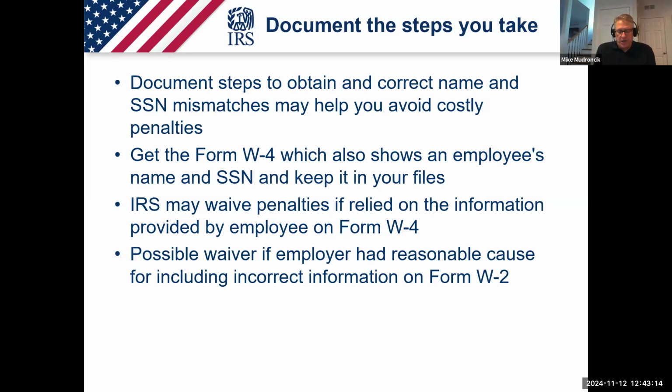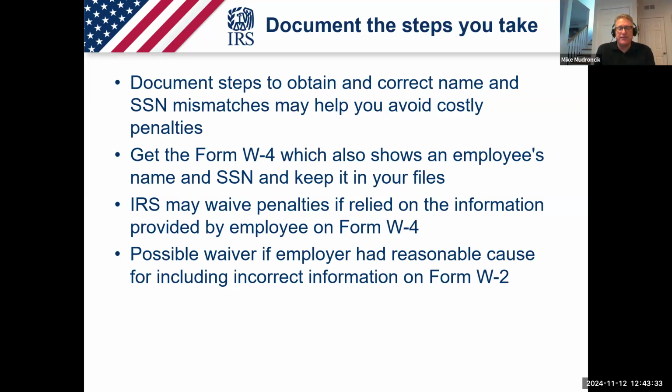Documenting the steps that you take to obtain and correct any name and Social Security number mismatches may help you avoid costly penalties down the line. One of those steps is getting the Form W-4, which also shows an employee's name and Social Security number, and keeping it in your files.